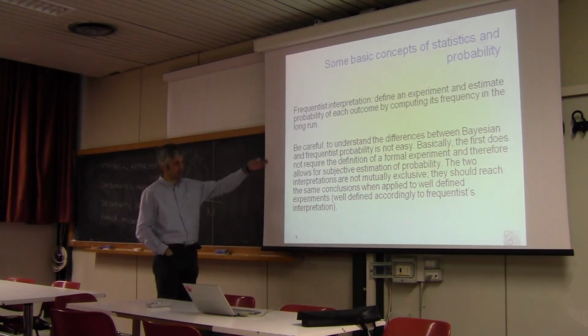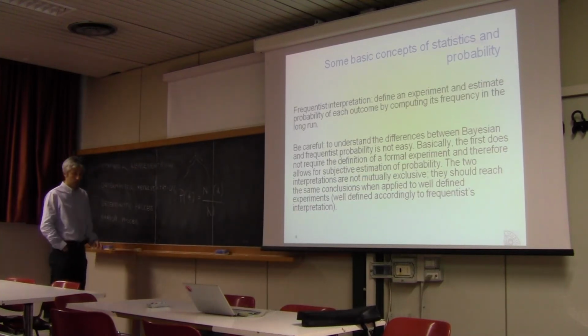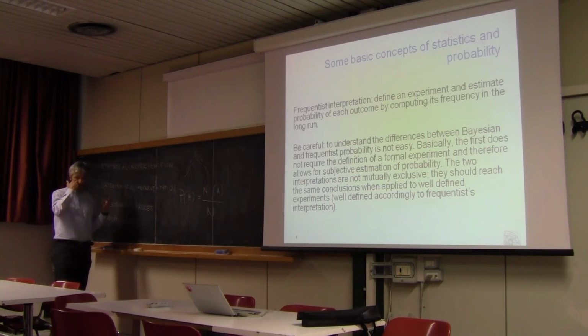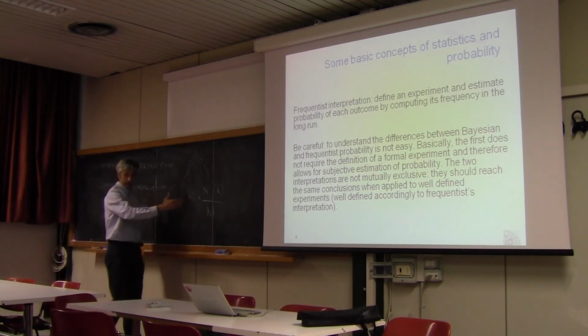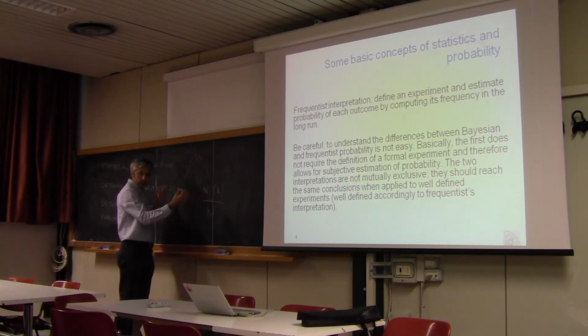Okay, and this is a consideration that I already made. So, in what follows, let's stick to this definition. Let's forget about the Bayesian definition, because we deal with numbers and we can define experiments, so let's stick to this classical frequentist interpretation.